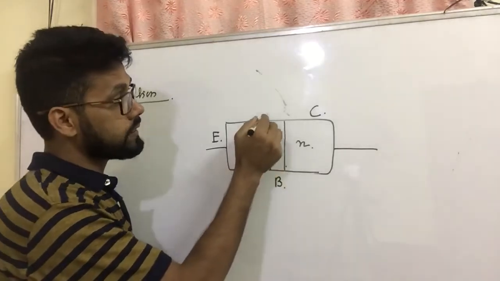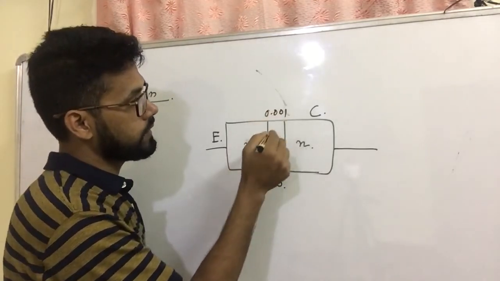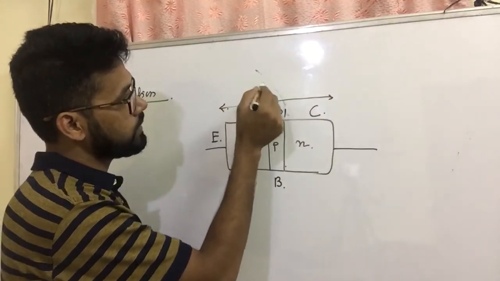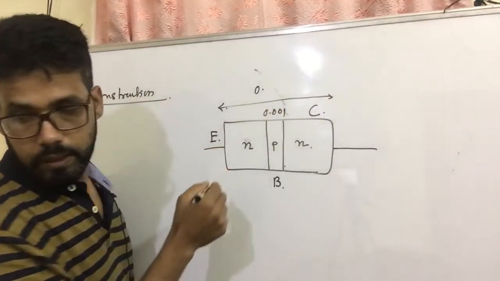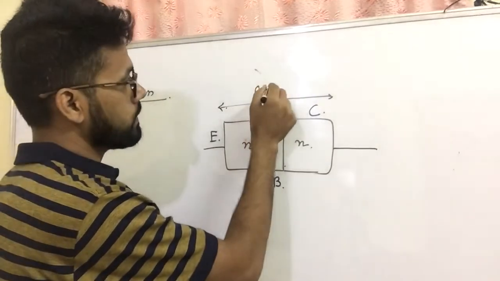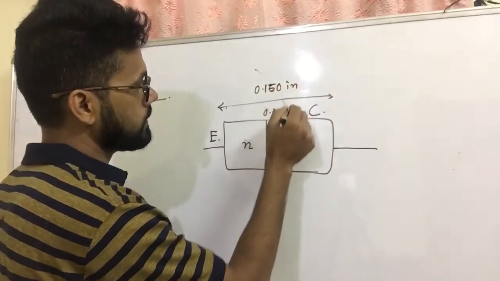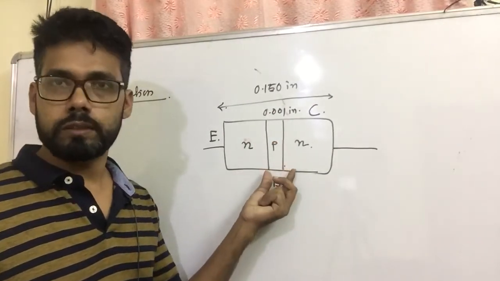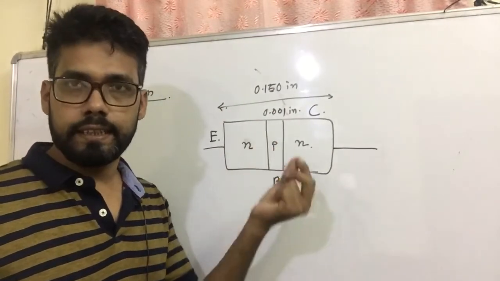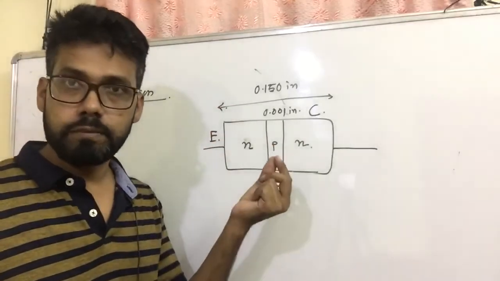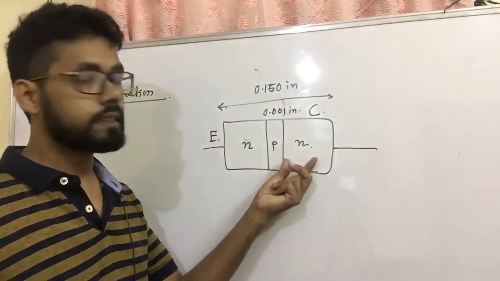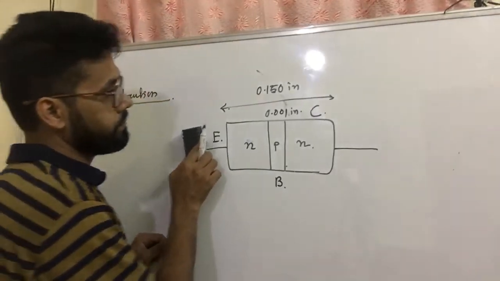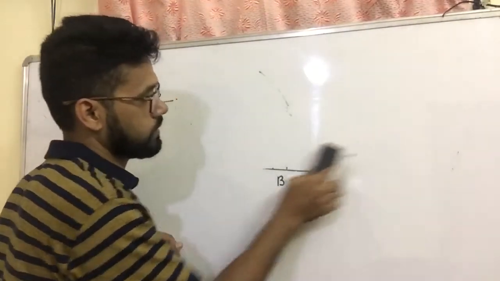Suppose this width is 0.001, and this is suppose some 150 inch. This is a very small dimension, and this middle portion, the base, is very lightly doped. Emitter is heavily doped, high dimension, and collector is also lightly doped. Clear? This is the basic construction.